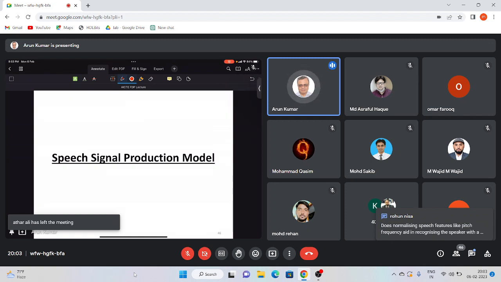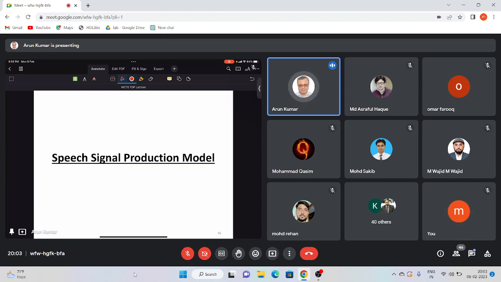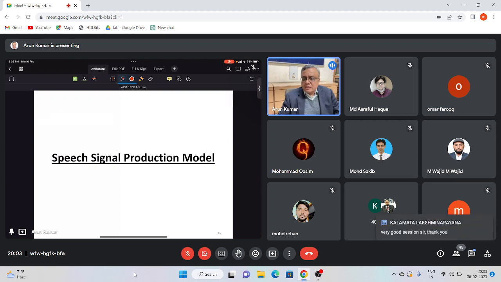So environment sound, I mean, we talk of message-bearing signals, which could be mostly speech signals, and then other sounds which we would call noise, which has to be removed. Now, in a normal video conferencing scenario also, there would be noise coming from, let's say, an air conditioner or fan, or people talking amongst themselves.